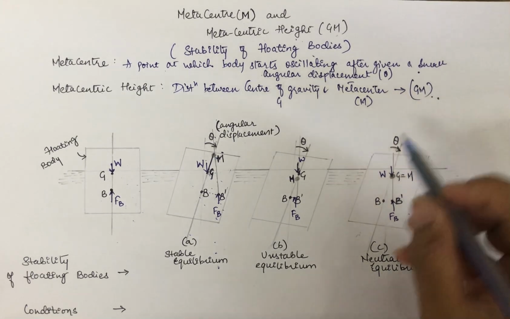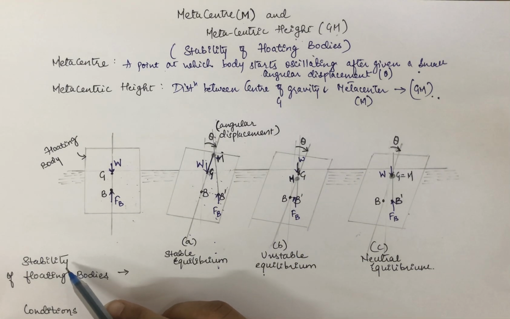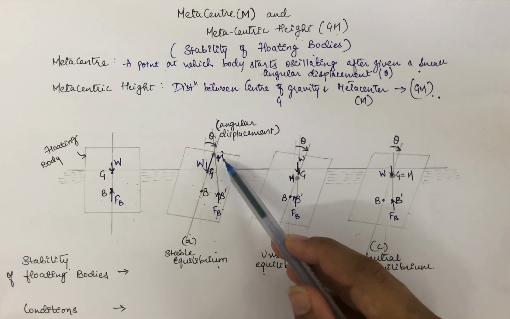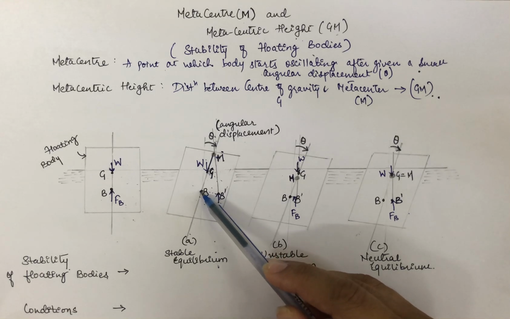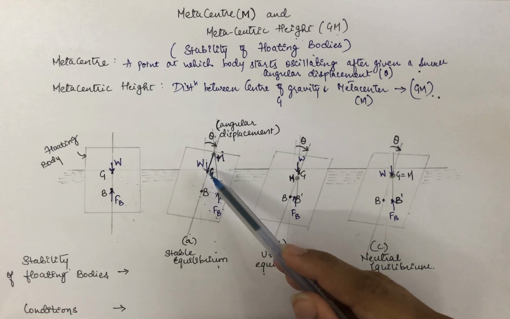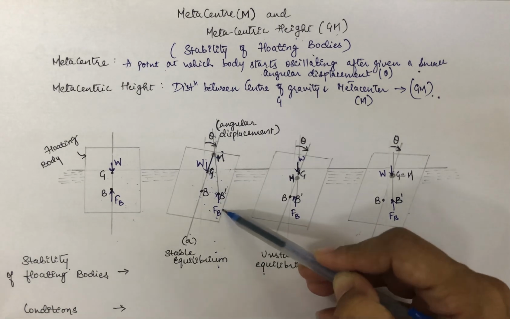Okay. Now, we need to understand how the floating body will remain in a stable condition or how it will become unstable or how it may be in neutral condition through the position of this metacenter and center of gravity. So, in this figure, as the center of buoyancy shifts from B to B dash, a couple force will be generated between the weight W and the force of buoyancy Fb.